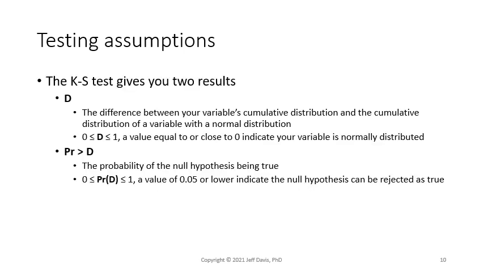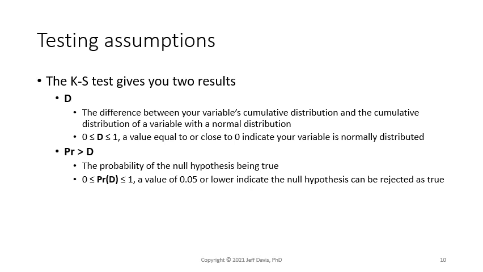Again, like I was saying, the Kolmogorov-Smirnov test, or the KS test, gives you two results. It gives you the difference between your variable's cumulative distribution and the cumulative distribution of a variable with a normal distribution. That value, D, ranges from 0 to 1.